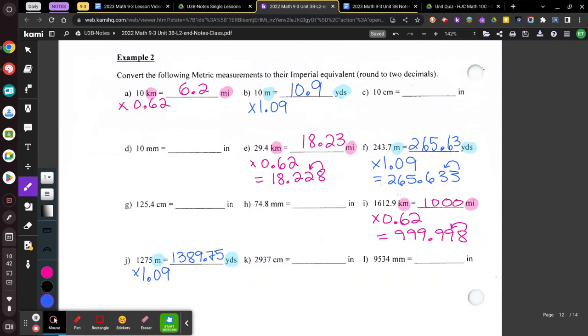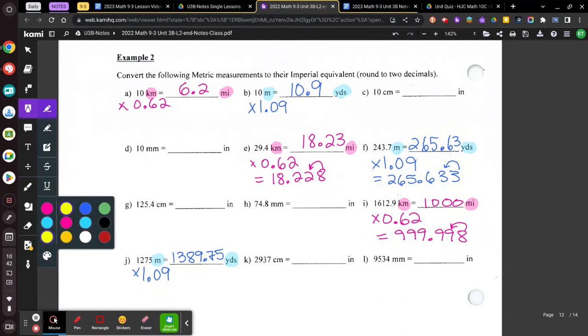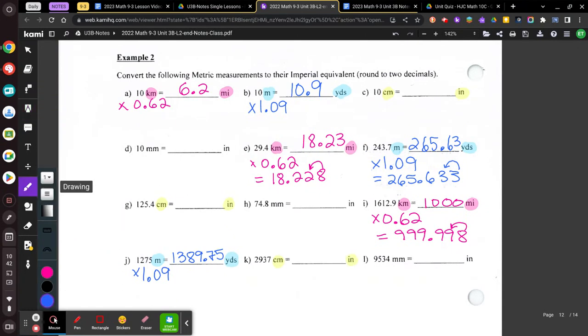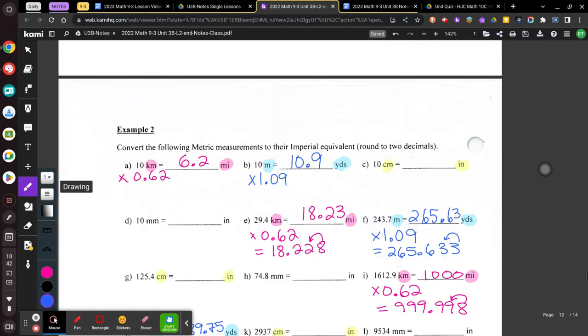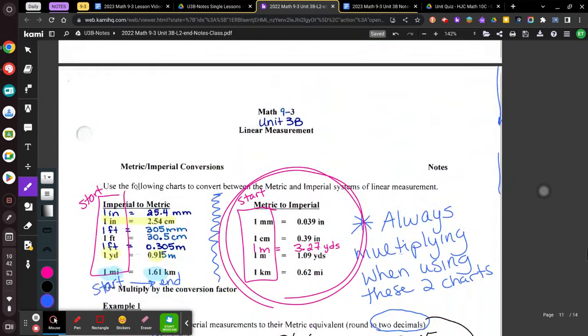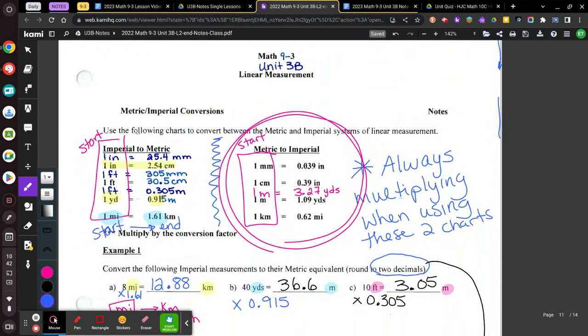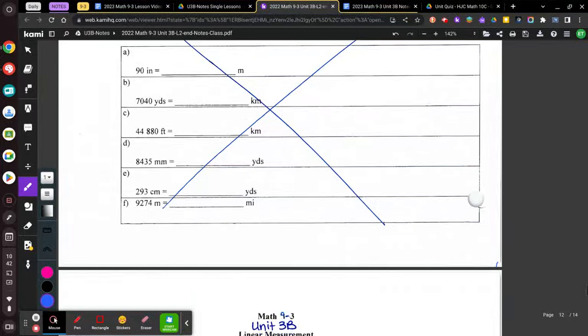Now we want centimeter to inch. Centimeter to inch. So now I have to go back to my chart and look for the centimeter to inch ones. And I find it's 0.39.